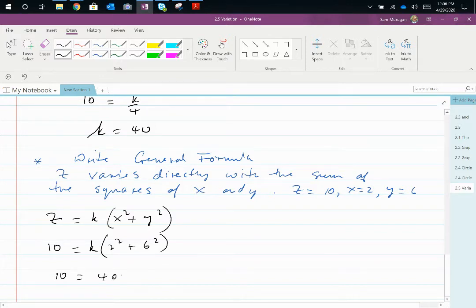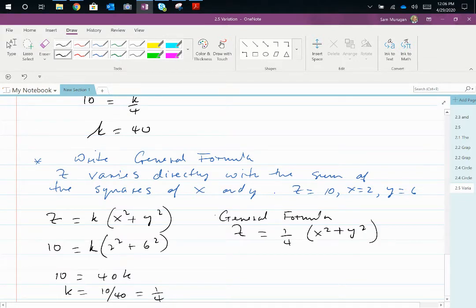So this is 40k. So k is equal to 10 over 40, which is 1 over 4. So the general formula: z is equal to 1 over 4 times x squared plus y squared.